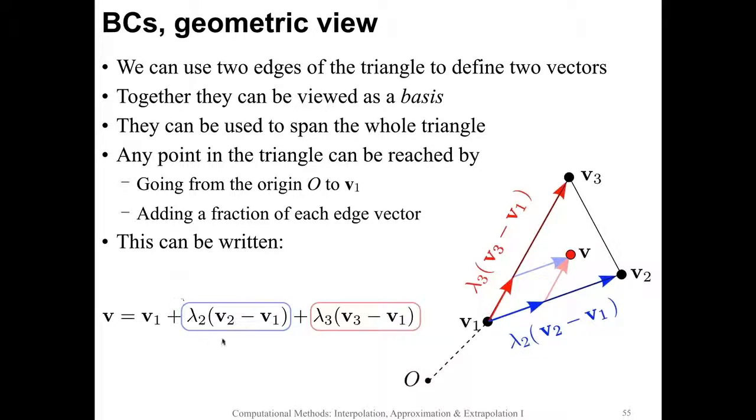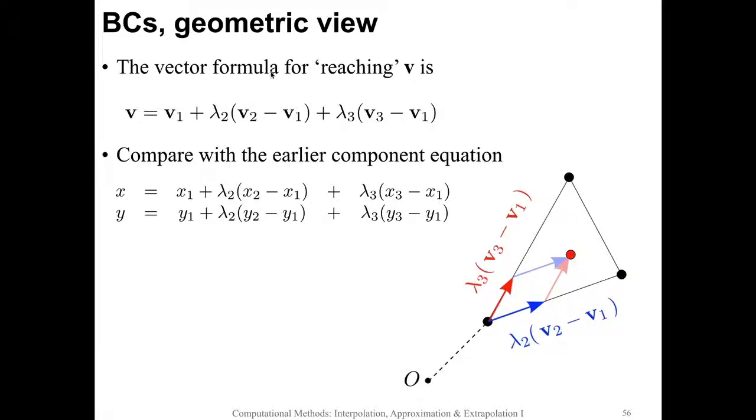These are all illustrated here. So if we want to get to v, we first go to v1, and then we add on a fraction of the vector that takes us to v2, and then we take a left turn and multiply by a fraction of the vector that takes us to v3. We can go either way. We can go this way and up, or we can go that way and across.